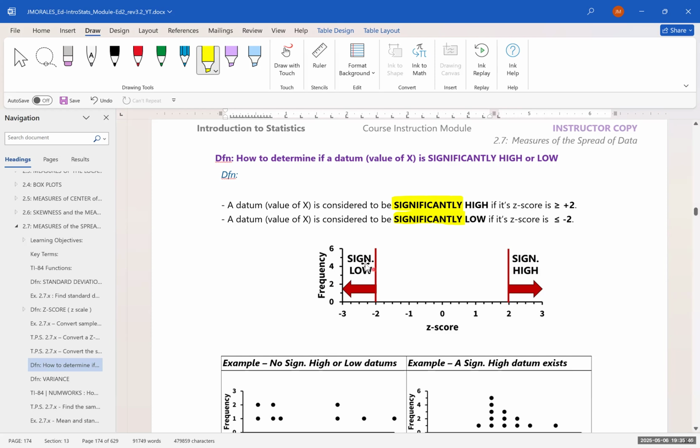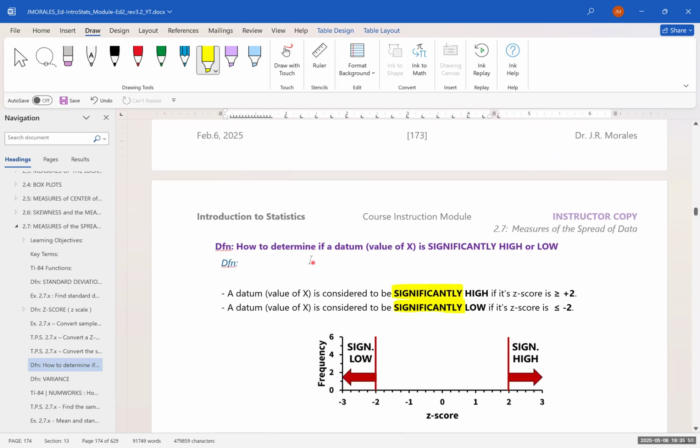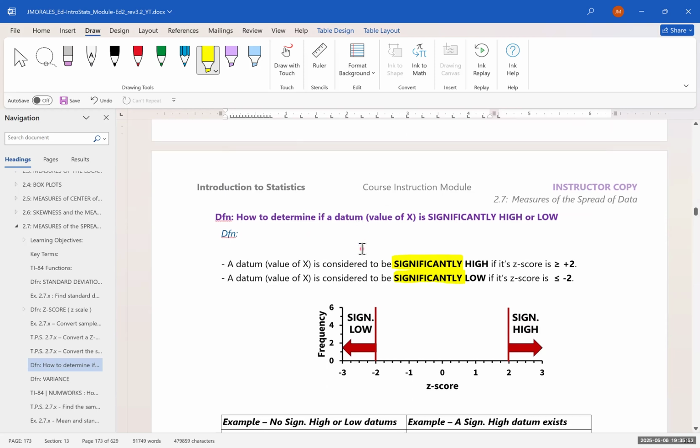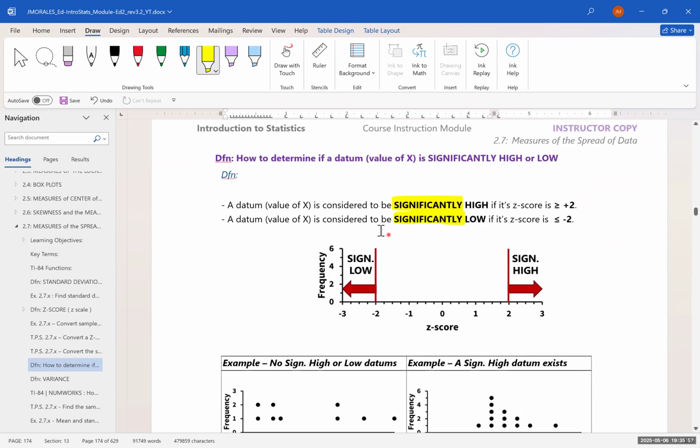If we look at the donut example that I had earlier, we had 0 donuts taken, and 1, 2, 3, 4, and 5.